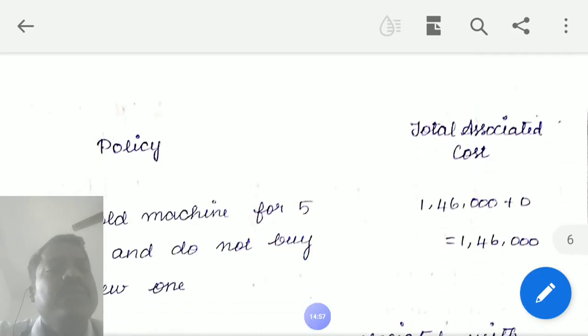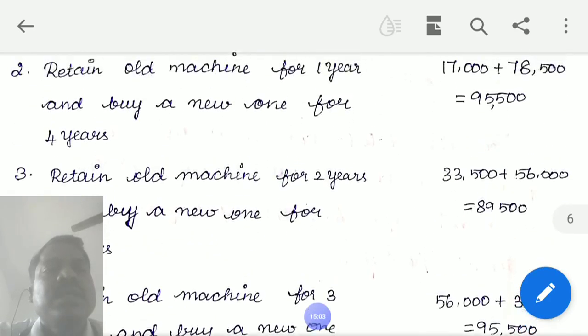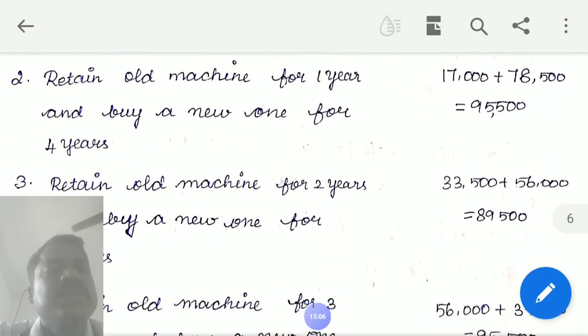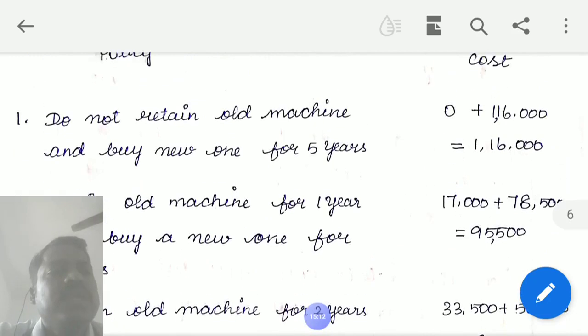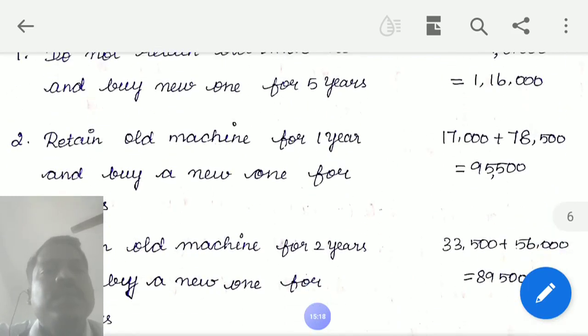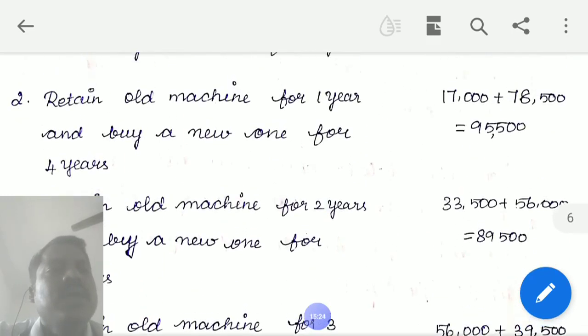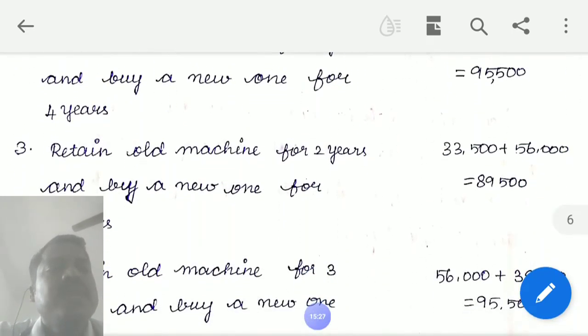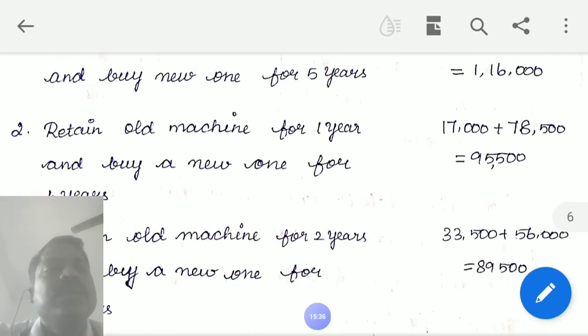Therefore, 1,46,000, 1,16,000, 95,500 is greater than the other three policies. Policy 3 is 89,500, policy 2 is 95,500, policy 1 is 1,16,000. Therefore, among the first three policies, policy 3 has the minimum total associated cost, and it is also less than the other remaining five policies.